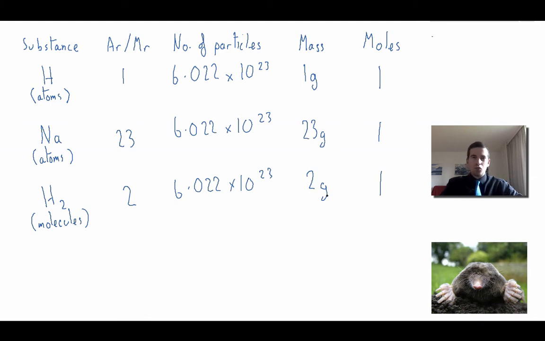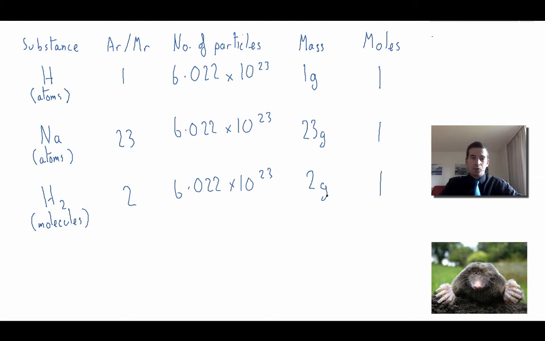Okay, so moles are to do with the number of particles of a substance. And if you go back to your definition, it is linked to the Avogadro number of atoms or molecules of a substance.